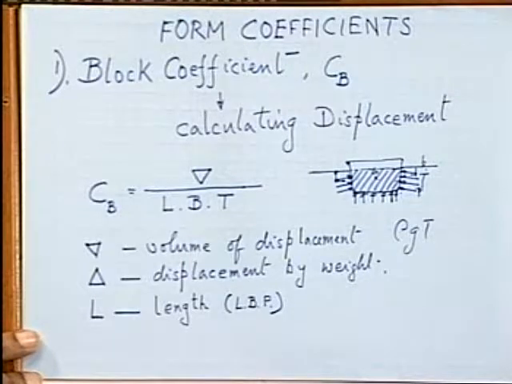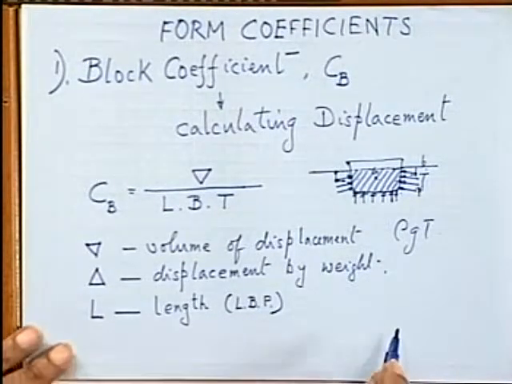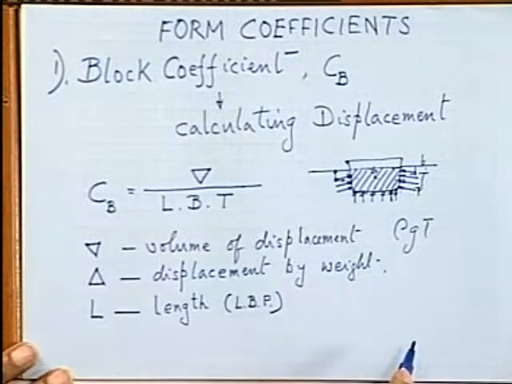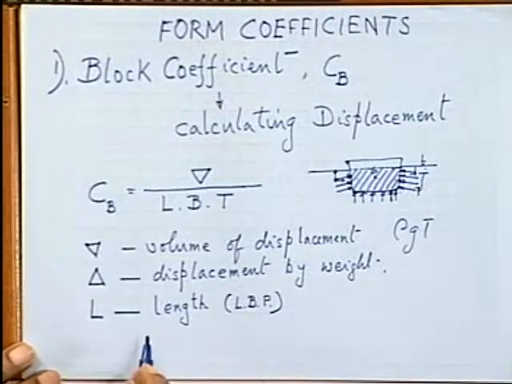But other persons, the hydrodynamist, will not be convinced with the LBP, but will be more interested in the length on the water line, or sometimes they call it the effective length that the ship has.